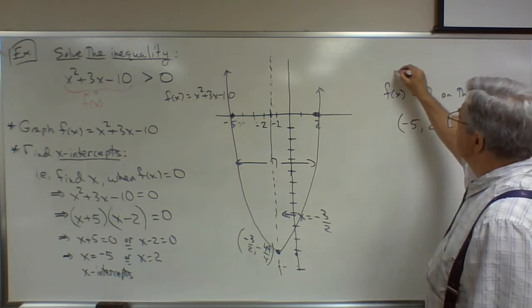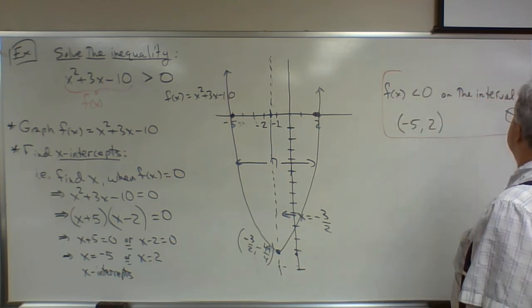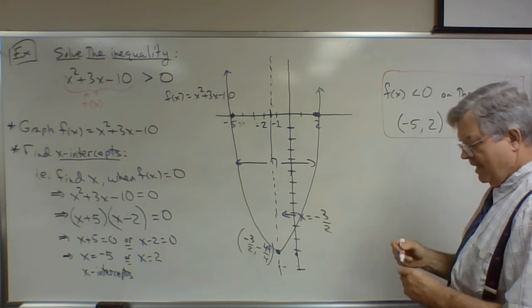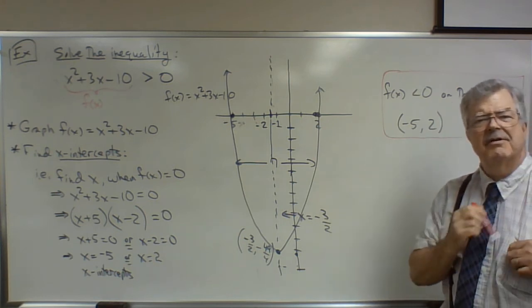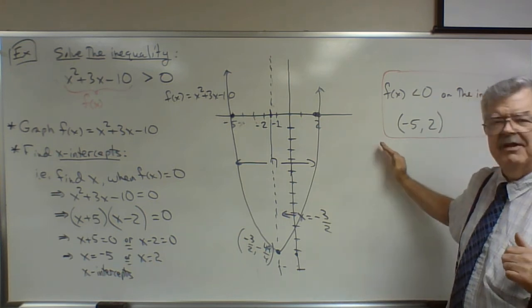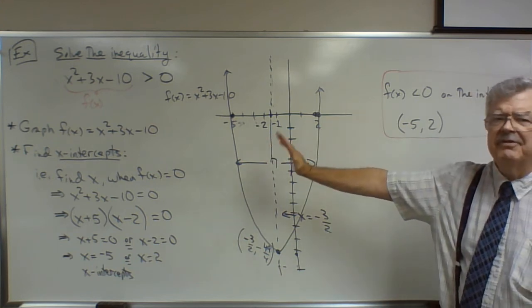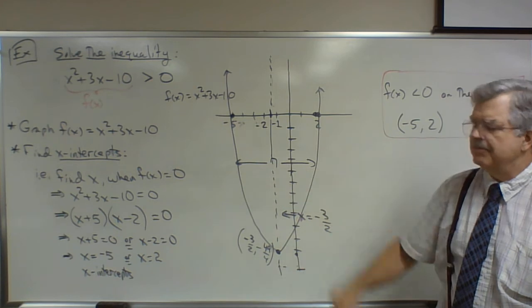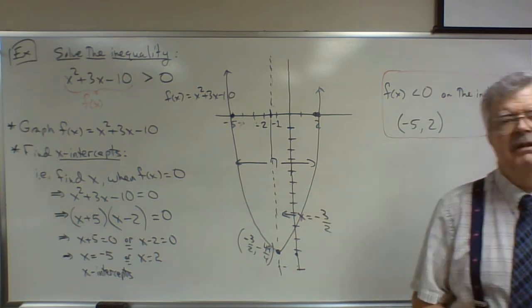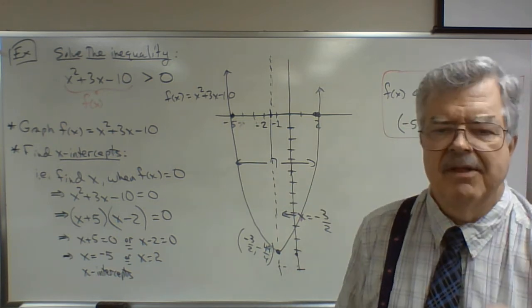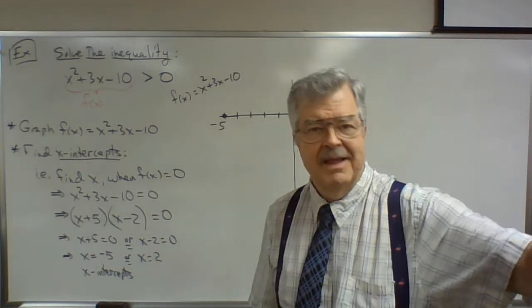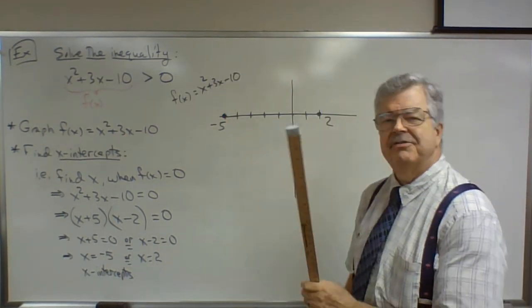And you know what? I think we did a lot of work for nothing. This is how they'd have us do it in the book. And I like the first two steps. Getting the x-intercepts is important. But let's redo this.